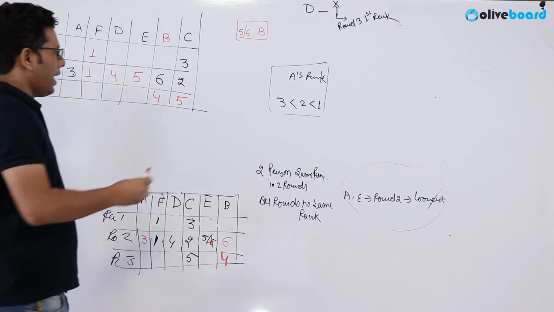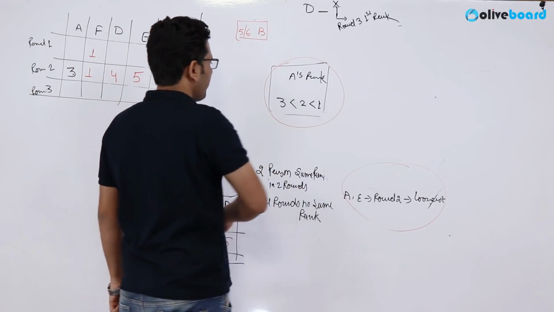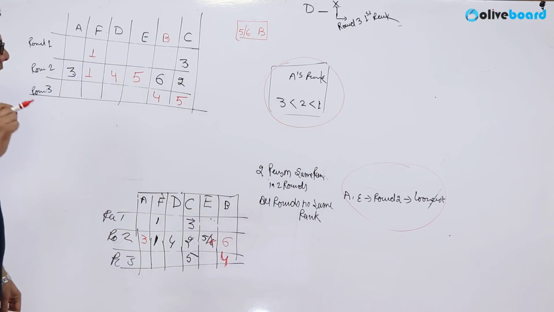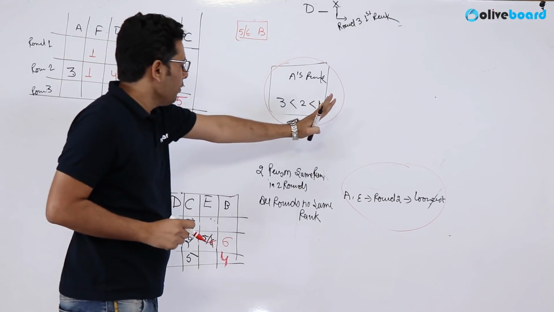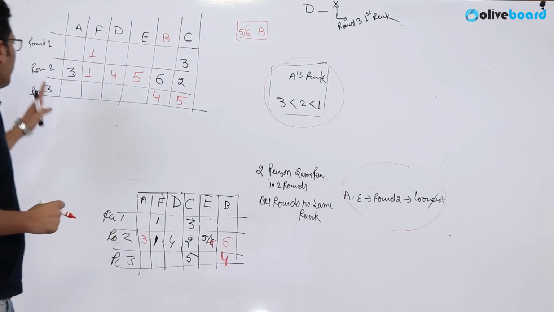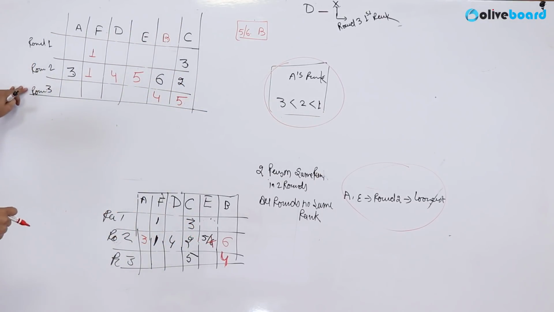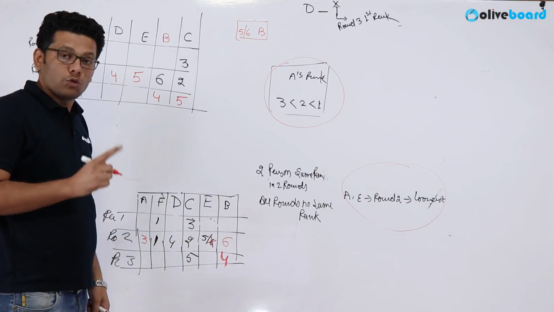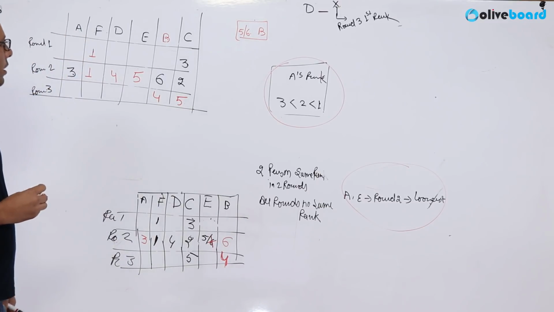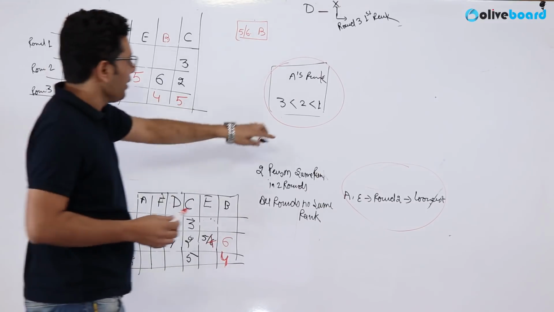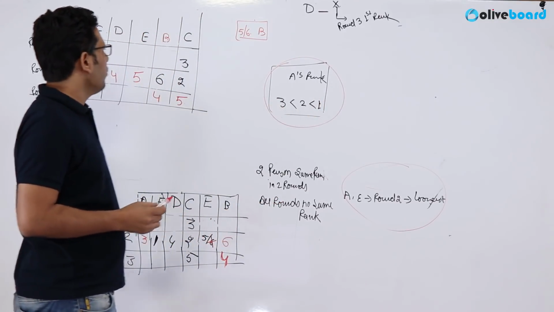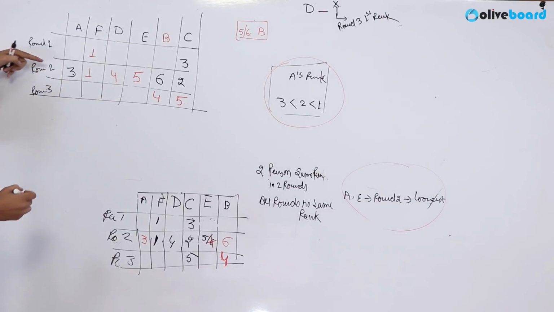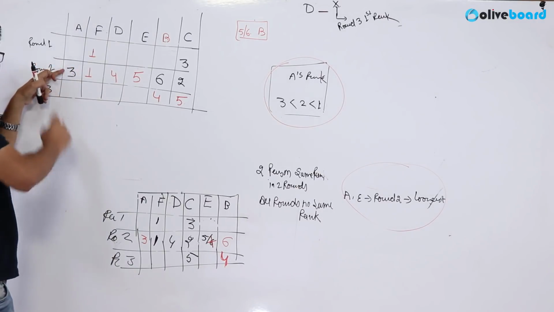And the data they have given is rank. A got the highest rank in round number 1 and the lowest in round number 3, and the round number 2 rank of A is 3.